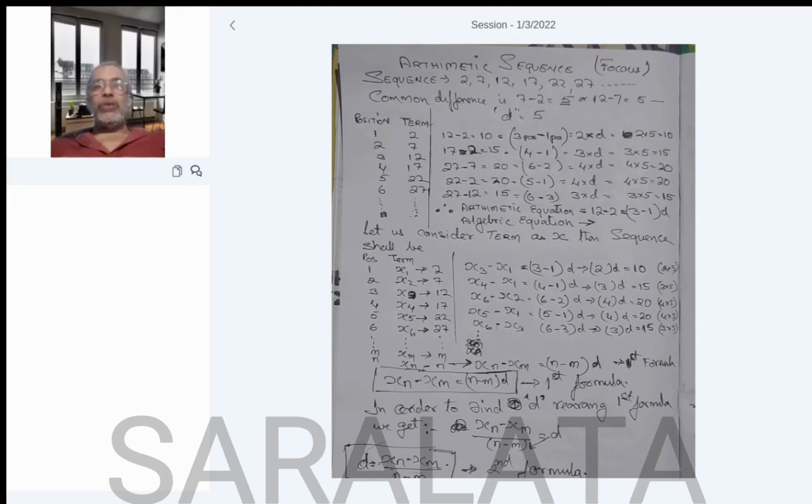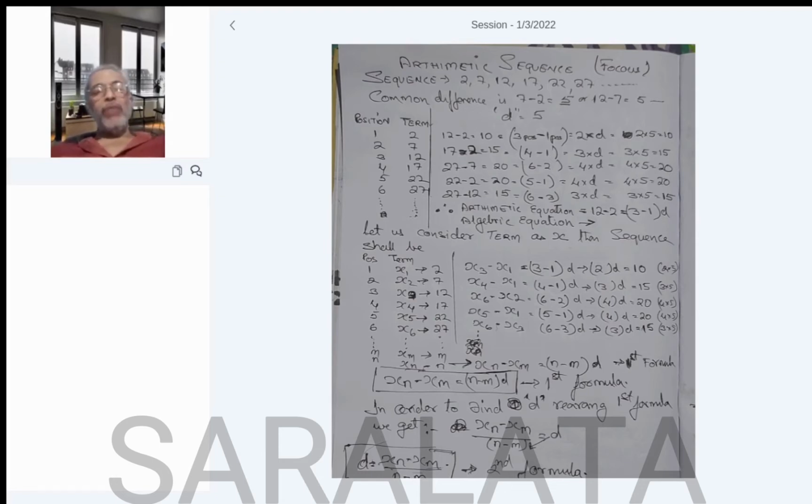The difference is 20. 27 is in the sixth position, and 7 is in position number 2, right? So 6 minus 2 is equal to 4, and 4 into 5 is 20. So on both sides, we're getting the right answer.